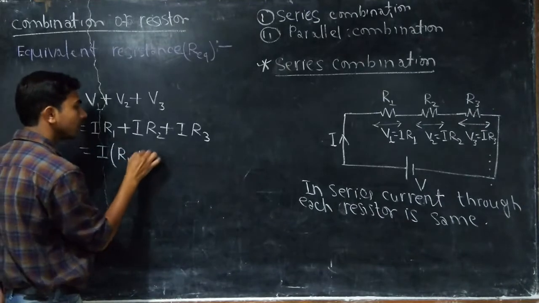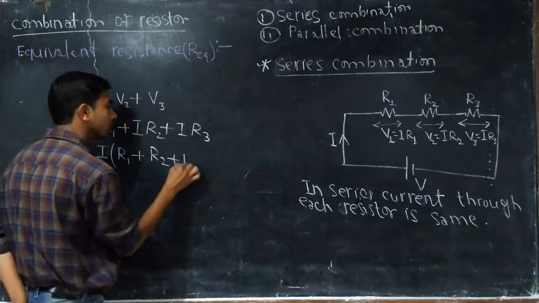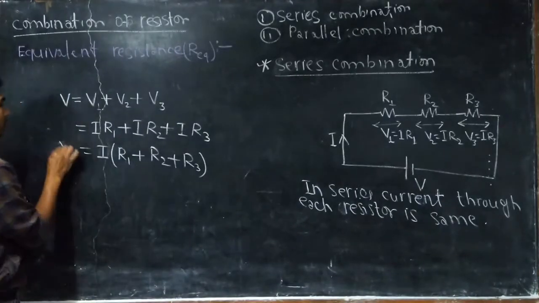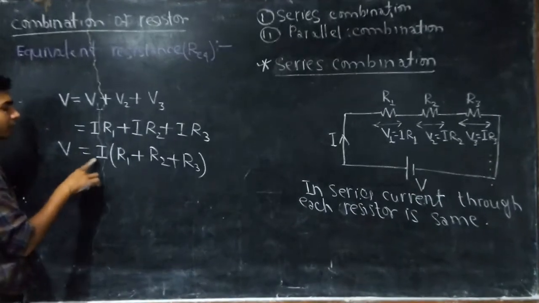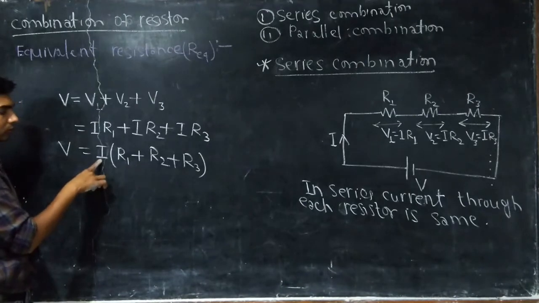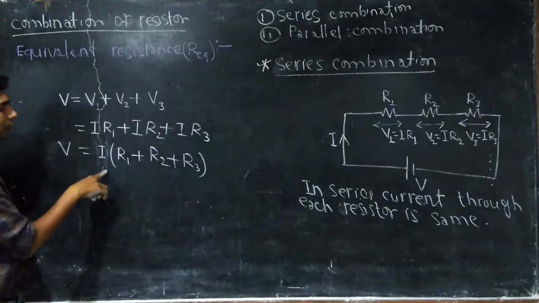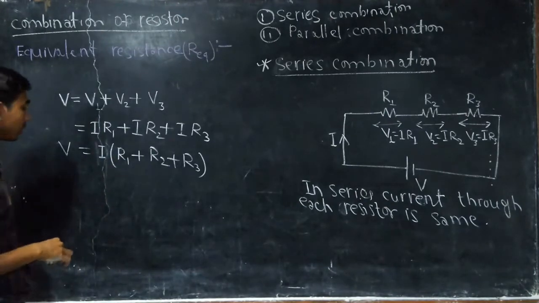So V is equal to I times (R1 plus R2 plus R3).